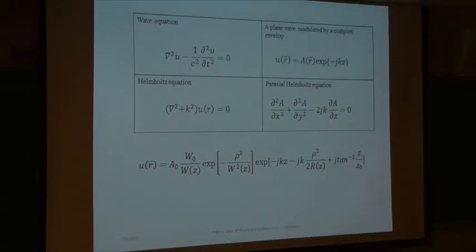But you can also get a Gaussian wave if you convert that equation to the paraxial Helmholtz equation. So the solution of this equation with boundary conditions gives a Gaussian distribution of the electric field.